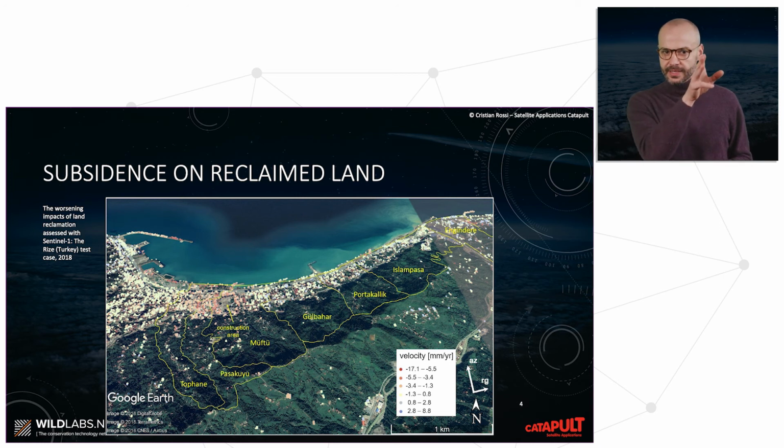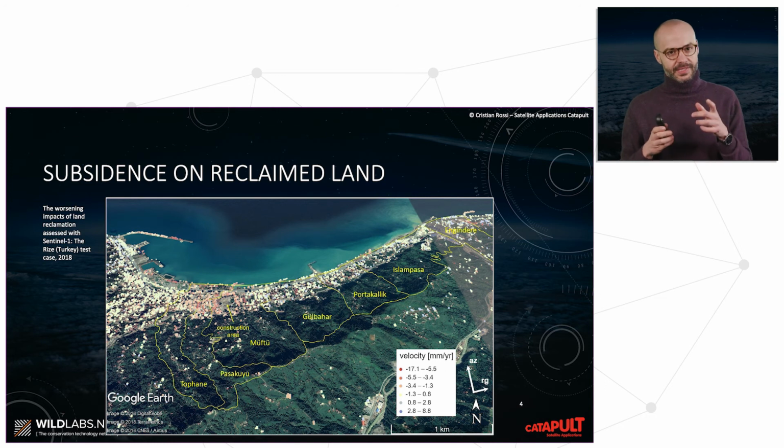So we can see measurements here of subsidence or uplifts in this specific city, which is called Rize. Let's appreciate the values here. Millimeters per year, and the values are 2 millimeters, 3 millimeters, 10 millimeters. So we are looking at something that is really small.